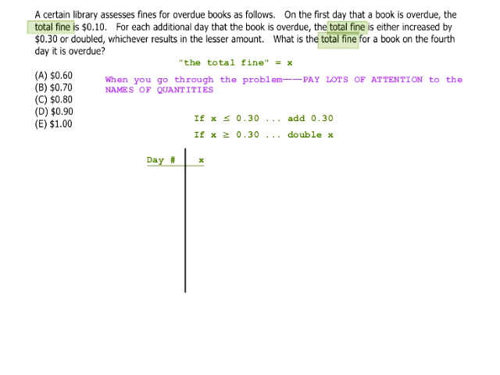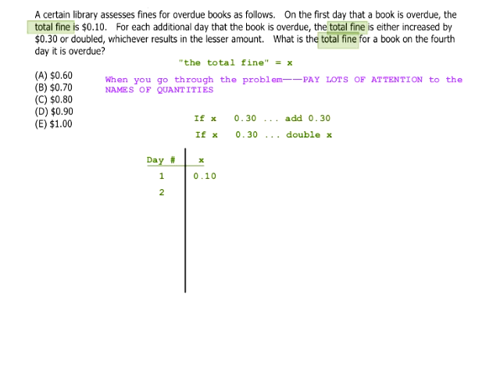That's good enough. Okay. On the first day, they say that it is 0.010. It is 10 cents. On day number 2, well, that's less than 30 cents. So we do what? We double it. Actually, I have these inequality signs backwards. It's whichever one is less.